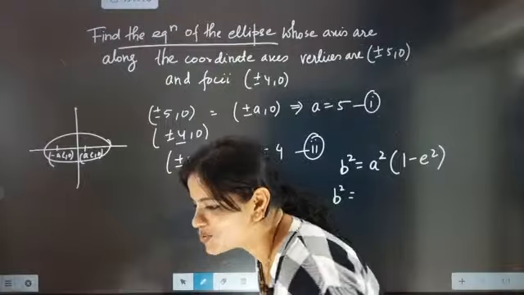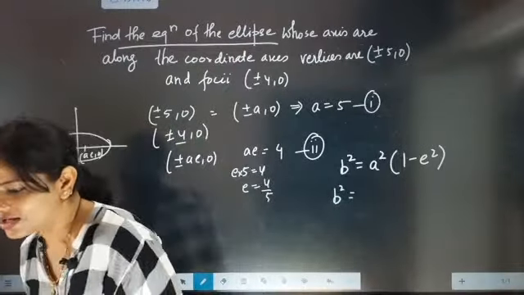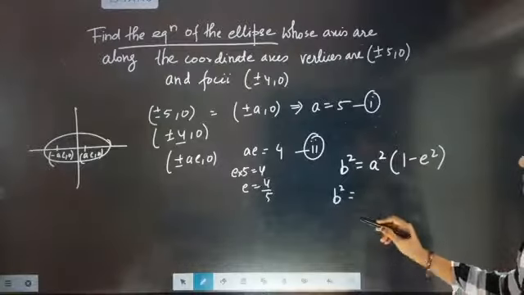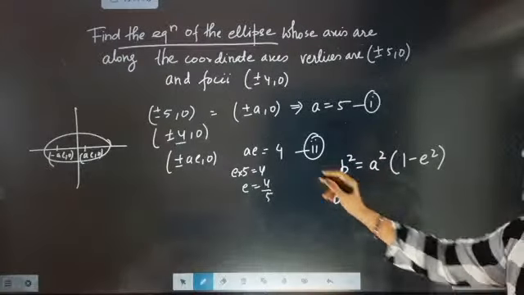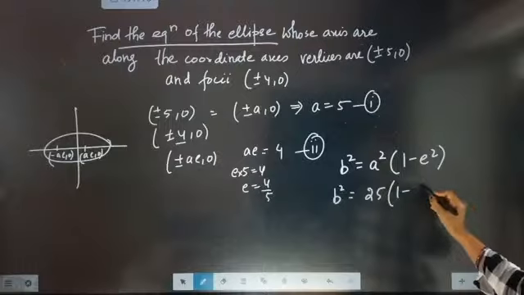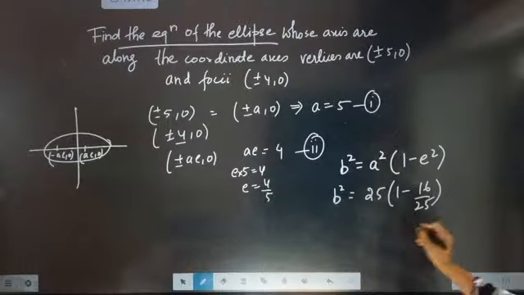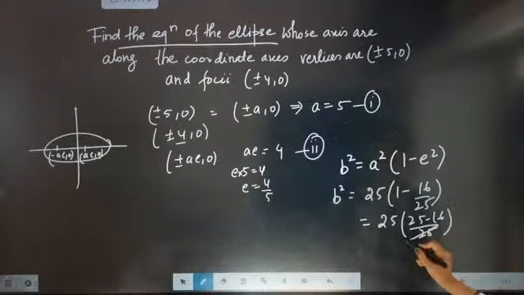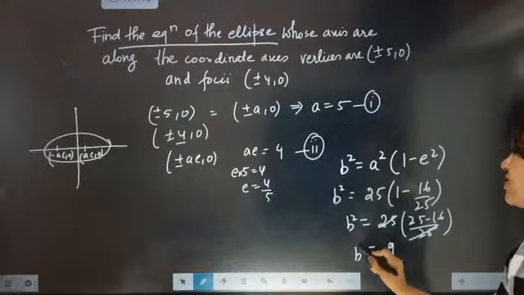Hey, super Pooja. Well done beta, well done. She has cracked the question. Now b square equals, a is 5, so 25 into 1 minus 16 by 25. So this and this got cancelled, so b square is coming as 9.